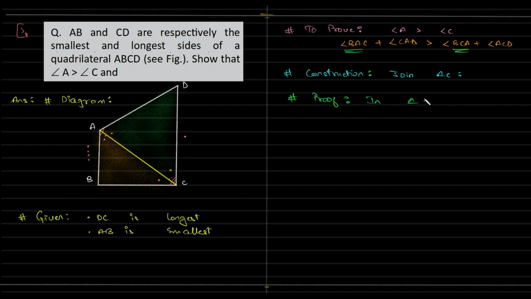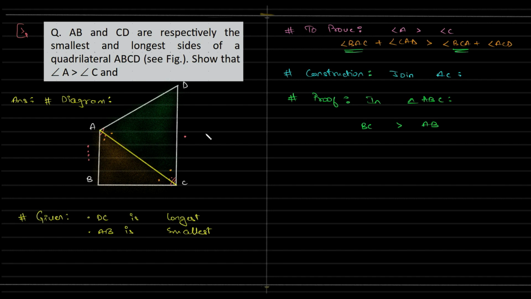In triangle ABC we have AB is lesser than BC, or I can rewrite it as BC is greater than AB. Why is that? How is this possible? See, in this quadrilateral, AB is the smallest.